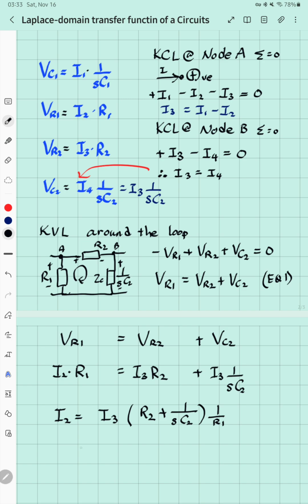Let's simplify it a little bit: I3 times SC2 R2 plus 1, over SC2 R1.